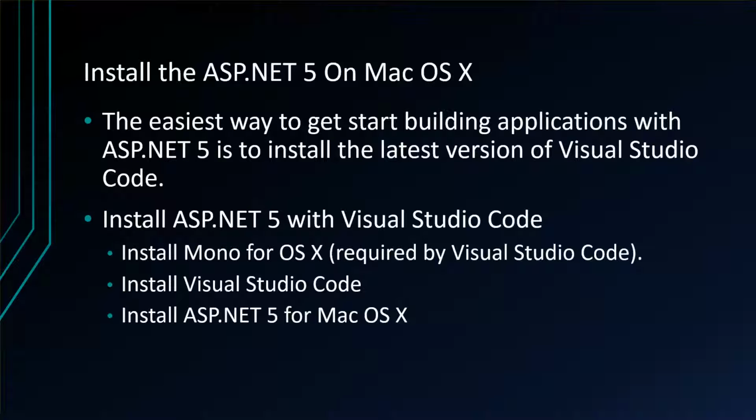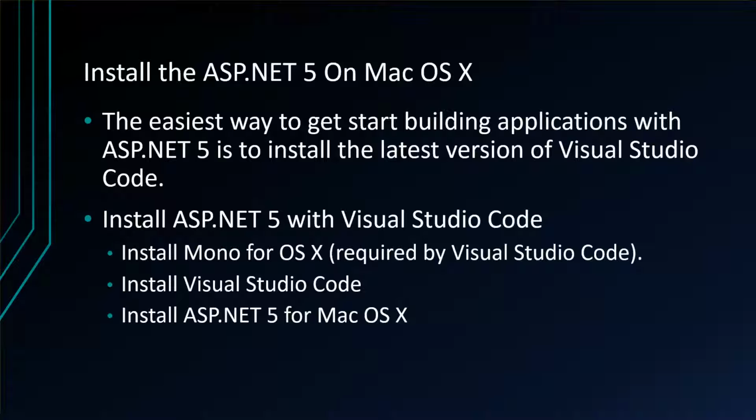If you would like to support Mac OS, there is a different procedure for installing ASP.NET 5. The easiest way to get started building applications with ASP.NET 5 is to install the latest version of Visual Studio Code. Visual Studio Code is an open source development environment for non-Windows based operating systems.